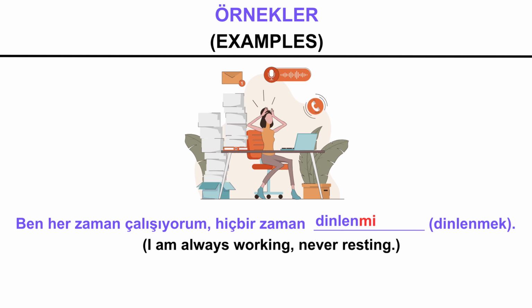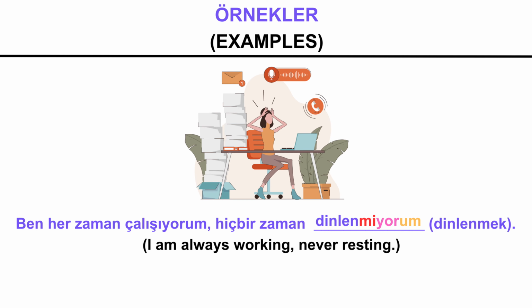Dinlenmiyor, present continuous tense suffix, yor. And then for I, for ben, how do I conjugate it? I add um, right? Dinlenmiyorum. Ben her zaman çalışıyorum. Hiçbir zaman dinlenmiyorum. I'm always working. I'm never resting.